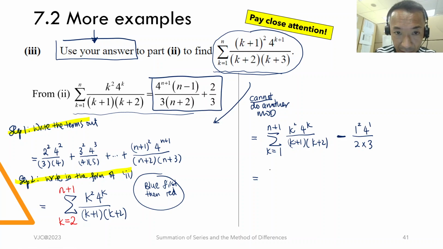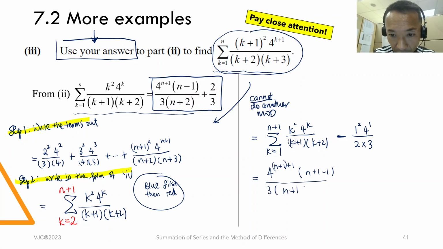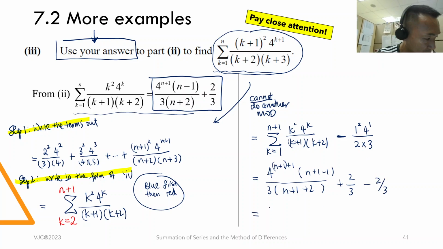So this is 4 to the n plus 1, n plus 1 minus 1 over 3, n plus 1 plus 2, plus 2/3, minus 2/3. Final answer is what? 4 n plus 2, n over 3 n plus 3.